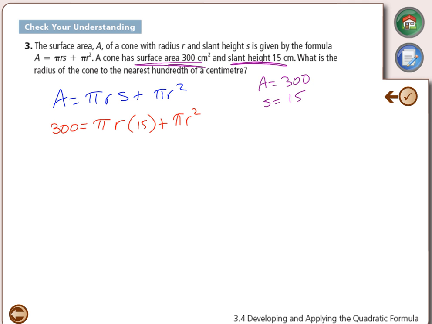Let's clean this up. And, hey, we've got a quadratic here. Hey, let's equate to 0 on this guy. So I'll bring the 300 over. So pi r squared, pi is a number, plus 15 pi r minus 300 equals 0.